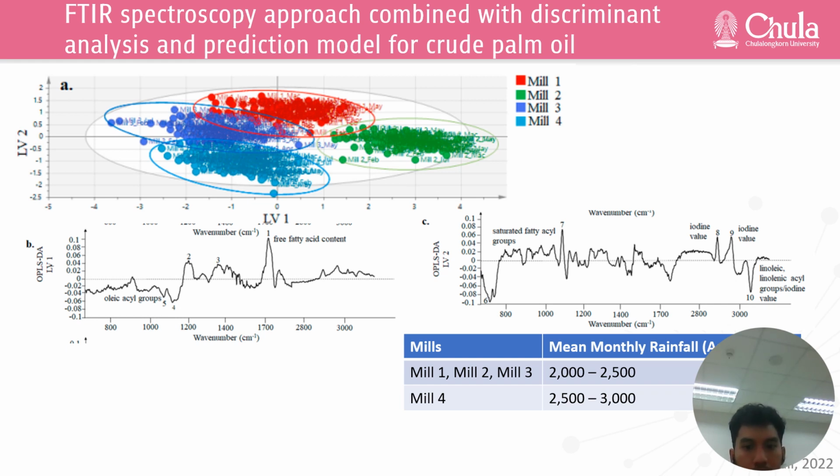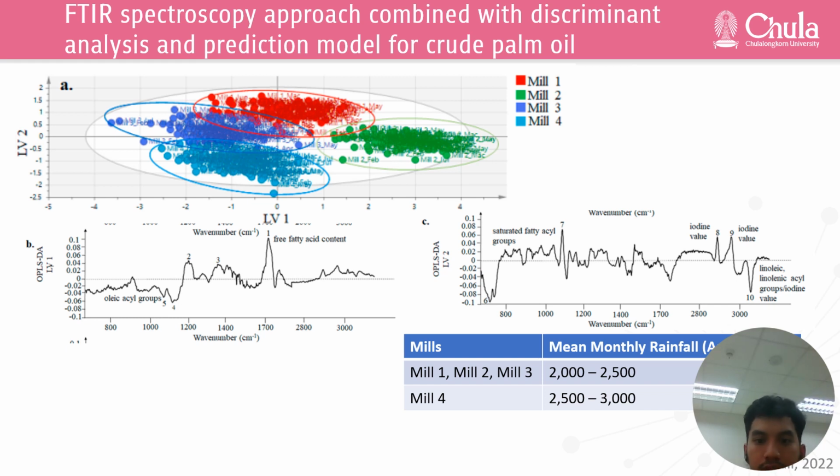Also, this one is not from the paper; I got it from a source on a government site. Let's say we can group the four mills into two groups, the one with lower and the one with higher rainfall index. So we can see it on the LV2 here. We can focus on the LV2, and we can find the main contribution to the OPLS-DA LV2 is number 6 of the spectral regions.